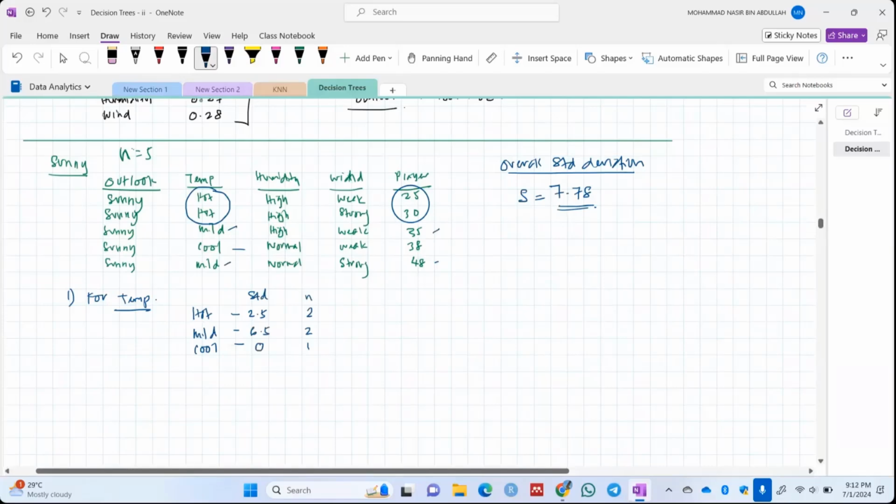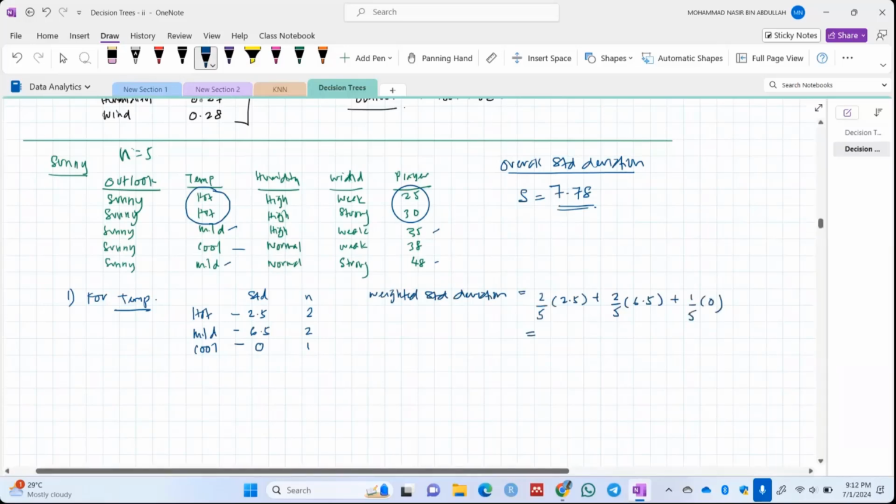In this case, we calculate the weighted standard deviation. How much data do we have? 5. So it is 2 over 5 multiplied with 2.5, plus 2 over 5 multiplied with 6.5, plus 1 over 5 multiplied with 0.